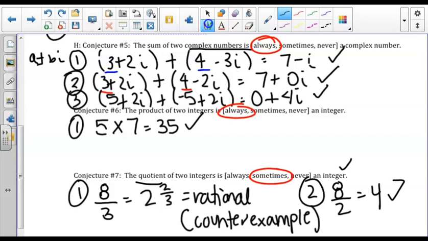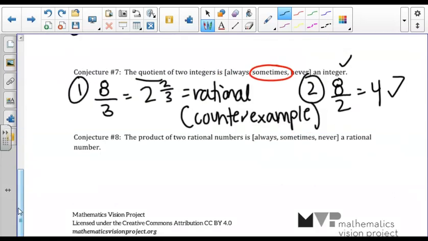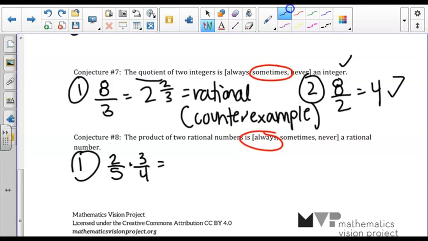So that definitely works. Looking at conjecture 8, the conjecture was that the product of two rational numbers is always, sometimes, or never a rational number. We determined that that is always true. We looked at some examples such as, and product means multiply, so we took some fractions and we multiplied them together. And when you multiply fractions, recall that you multiply numerator by numerator and denominator by denominator.